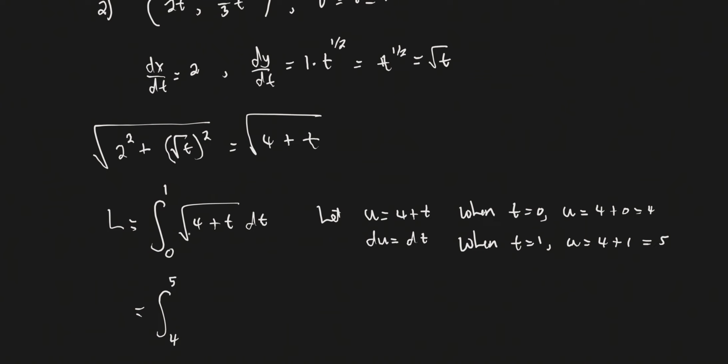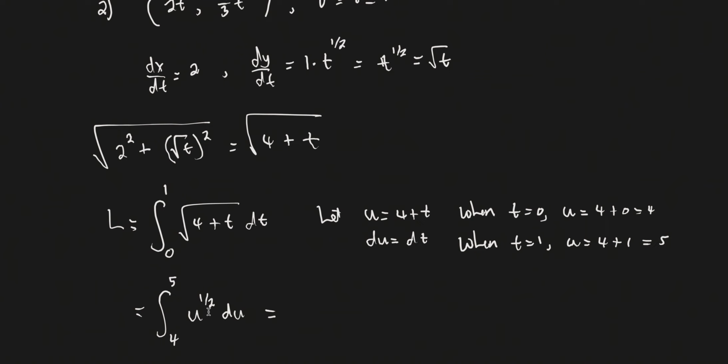Under the square root, we have a u, which I can then write as u to the 1/2, and my dt is just replaced by du. So now we forget about everything that came before this. Forget about all the setup, forget about the definite integral right here. Just do this problem, use our FTC, and we're good to go.